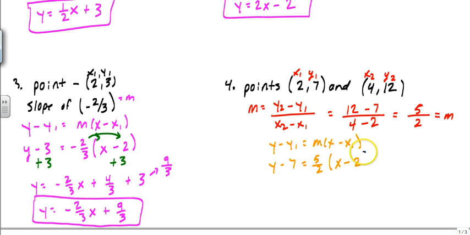And this actually works out really nice. So I'm going to add 7 to both sides, and I'm going to distribute this 5/2 to both of these.